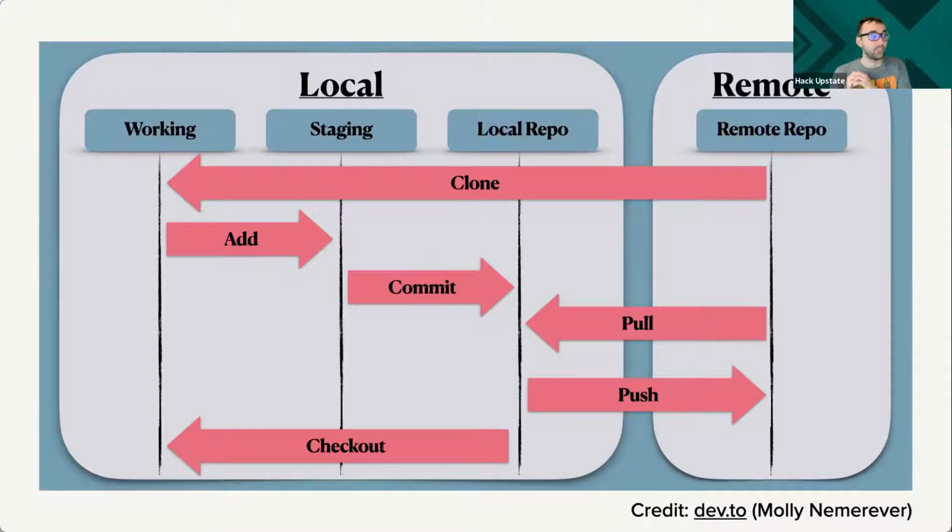And that checkout is going to say, oh, we've got multiple different files over here, but when you check out, what you're doing is you're basically pulling that version from your repository and splatting it into your working area and saying, okay, now I can work on these files and I can go through the whole process again, right? I can make some changes to the files. I can add those files to my staging area. I can commit them and I can push them up after I, of course, pull to make sure there are no changes.